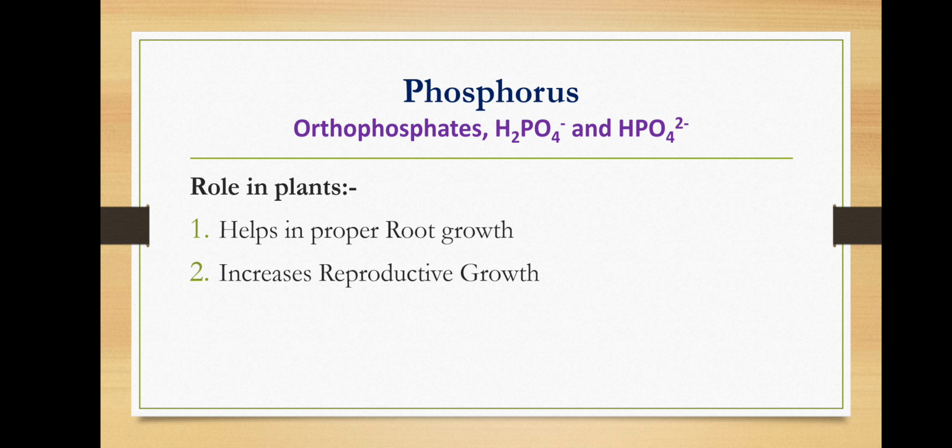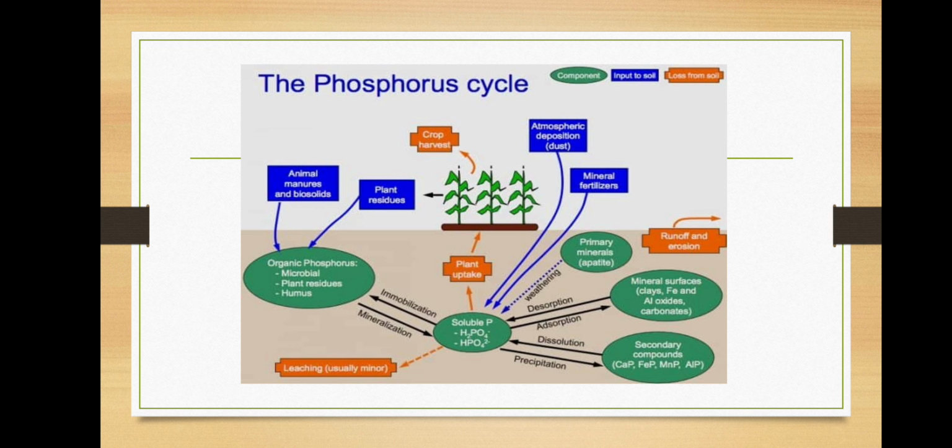Then when we see the phosphorus cycle, the soil itself is a pool of phosphorus. Soil itself contains phosphorus, but in mobilized and immobilized forms. We will see what is going to happen here.